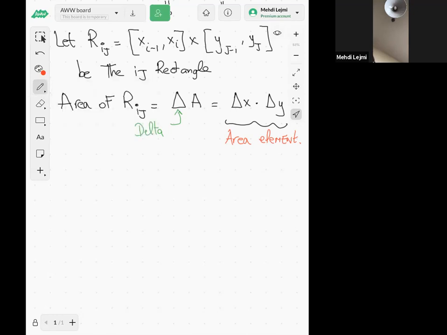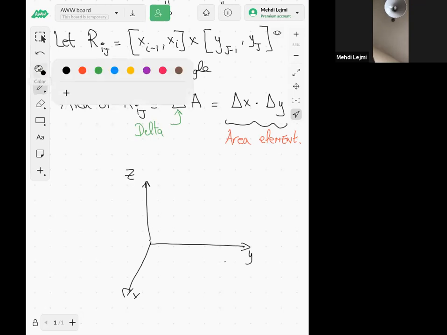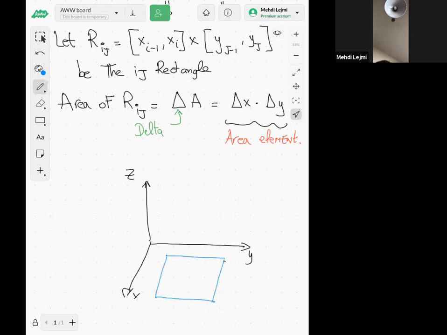So for example, we have these three coordinates here, x, y, and z. We have this rectangle R, and we divide this rectangle into small rectangles, for example a small rectangle here, etc. And then I have my function f.